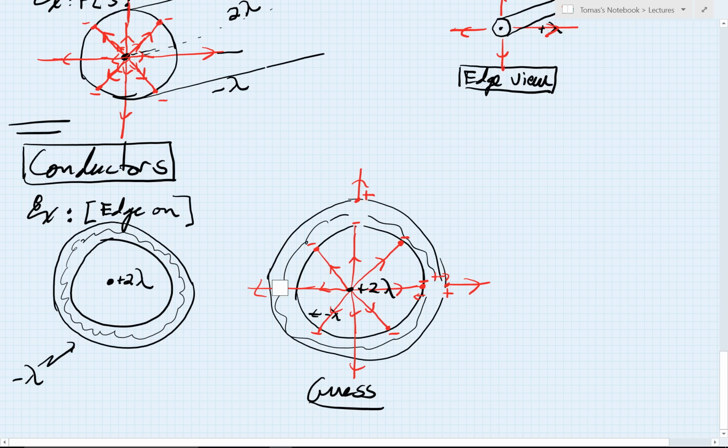And I can continue this way, going around my conductor, bringing in those negative charges to stop those field lines, leaving some positive charges. And I will do that here as well, negative, and then there'll be some positive charges left over on the outer surface of the conductor.